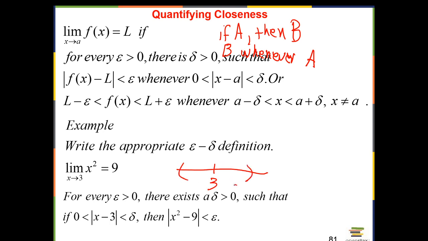If x is between 3 plus delta and 3 minus delta, but we write that this way. If this, then what? Then f of x, which are the function values, are going to be epsilon units from 9. So it would be between 9 plus epsilon and 9 minus epsilon, and we write that this way. So that's the statement of the proof. That's how we write it. Of course, we still have to prove it, right? But that's how you write it.